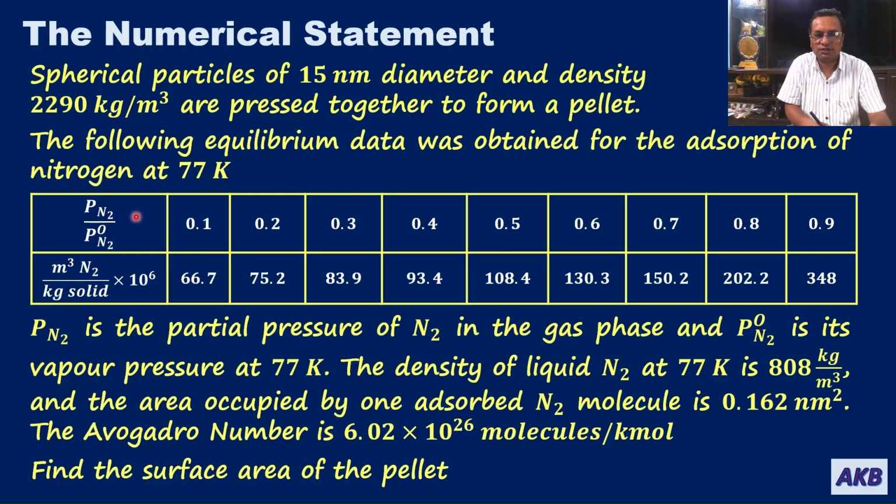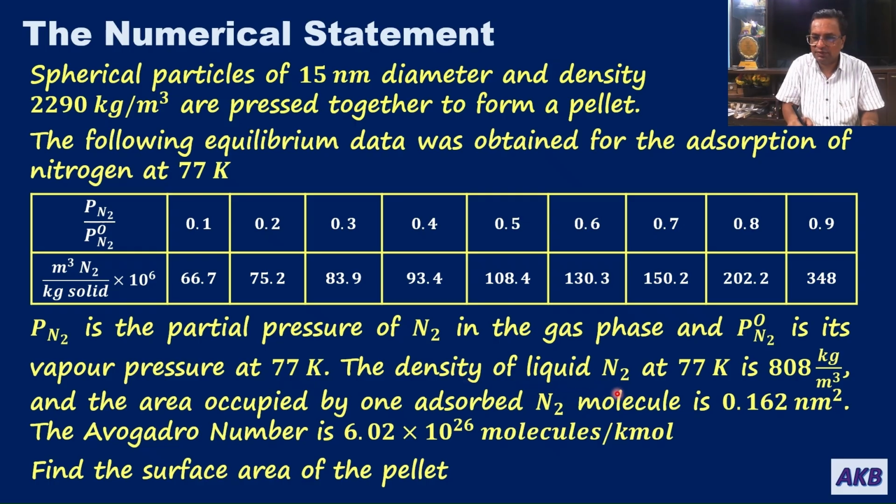So the data has two parameters in it that are in equilibrium with each other. One is Pn2 by Pn2 naught. Pn2 is partial pressure of N2 in the gas phase, and Pn2 naught is vapor pressure of nitrogen at the prevailing temperature, which is 77 Kelvin.